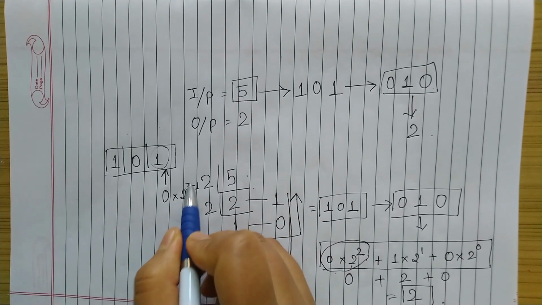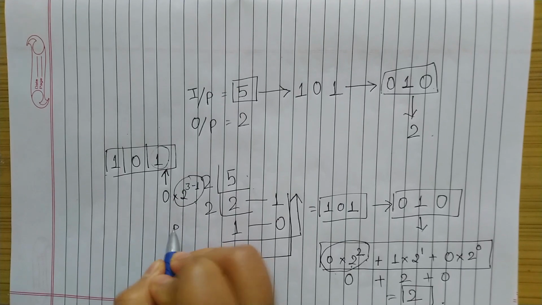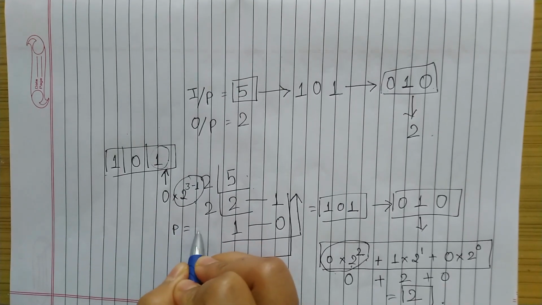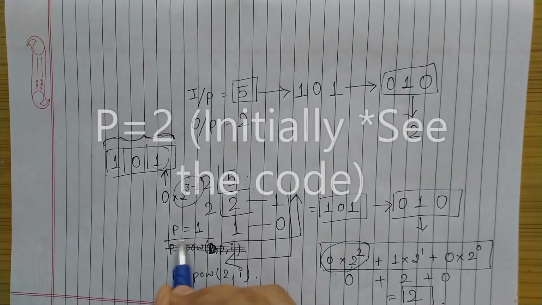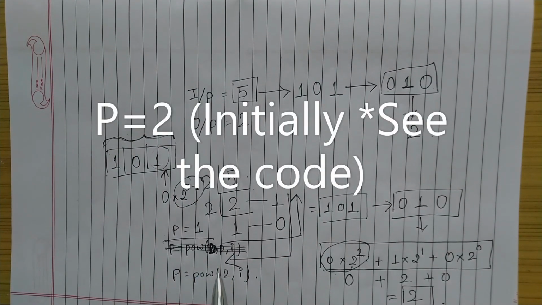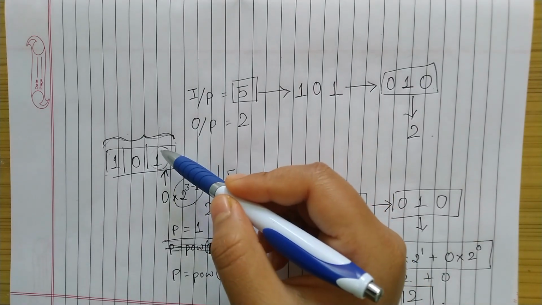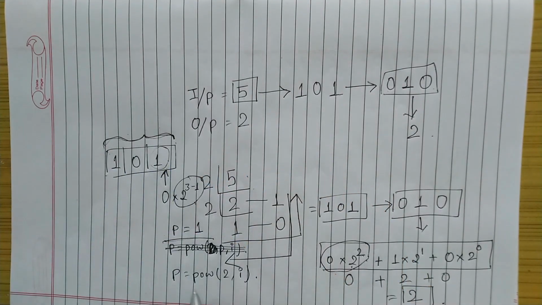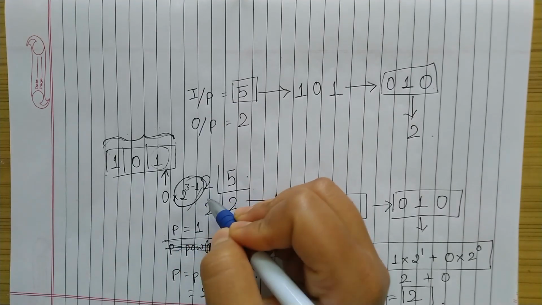Now how do we implement this one? We will not do it directly. Instead, we will give a variable p, and the p will first be initialized to 1. And then what we have to do is find out the power of 2 to the power the length. That means 2 to the power 3, which is 8. And what we will do is first, in the first one, we will divide it by 2.